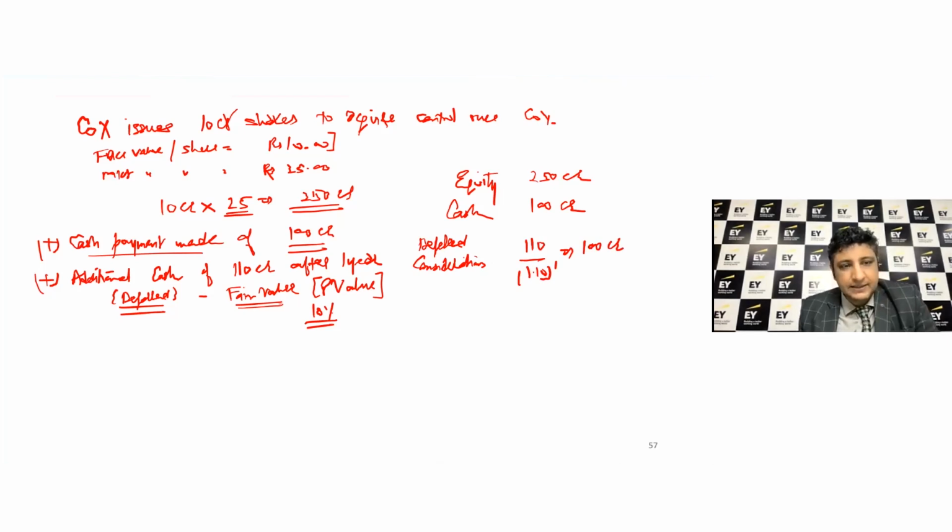All right. Now, finally, if I look at something called a contingent consideration. Okay. You know that you have acquired a business or you are willing to acquire a business, right?